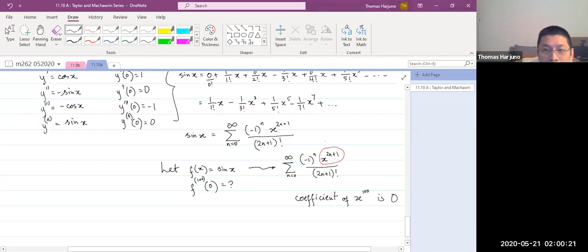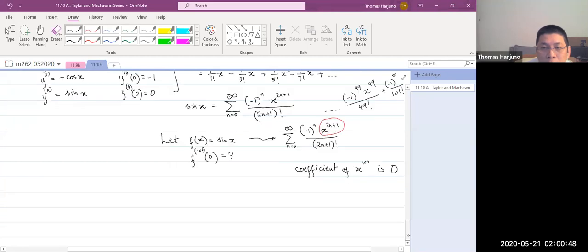Right? Because if you extend this, you will get negative 1 to the 49 x to the 99 over 99 factorial, and then plus negative 1 to the 50 x to the 101. You happen to skip that x to the 100, right?